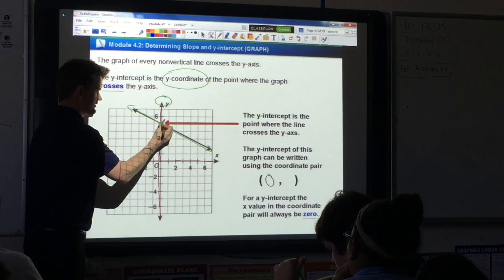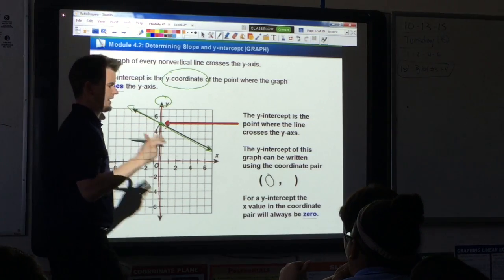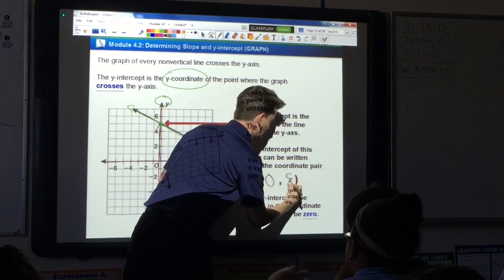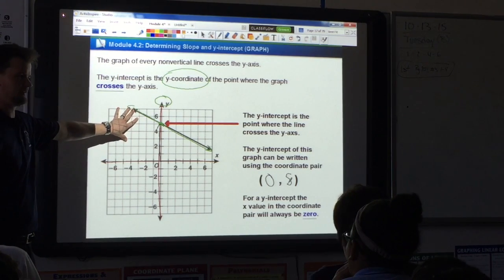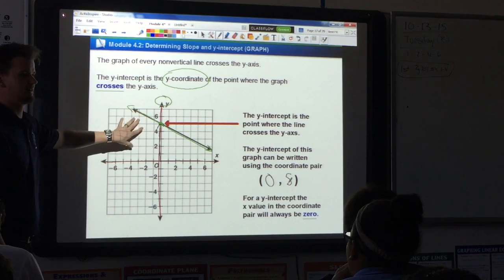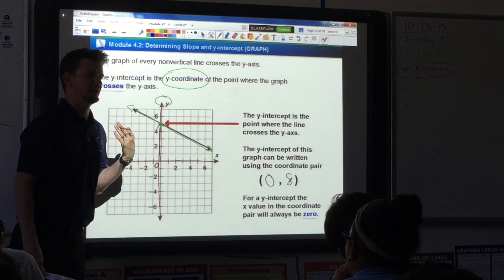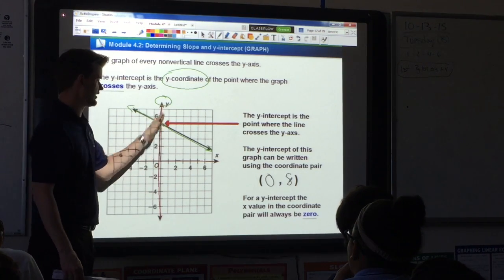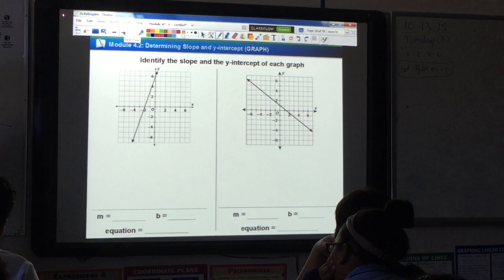Which means this point is 0 on the x-axis and 5 on the y-axis. The coordinate pair is 0, 5. It's very simple to identify these. Just don't ever confuse y-intercepts with x-intercepts, which is where the line crosses the x-axis. All we care about is where this line crosses over the y-axis.